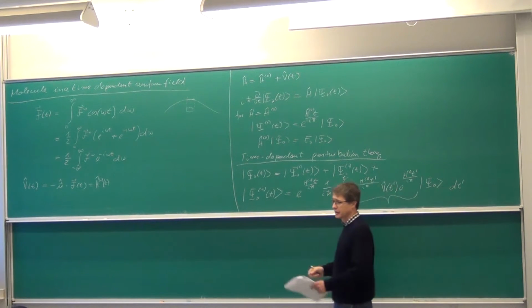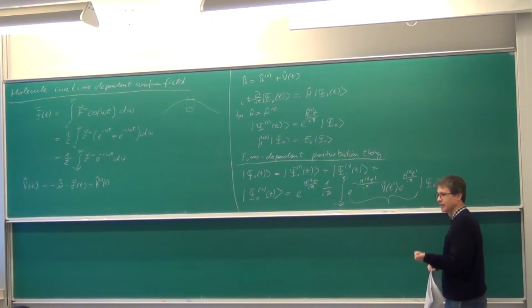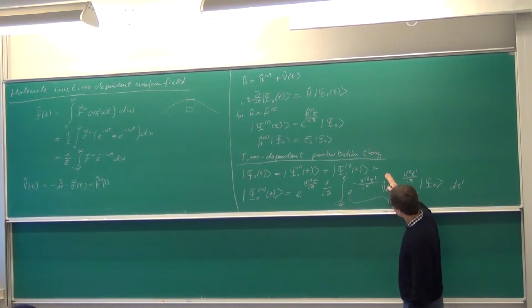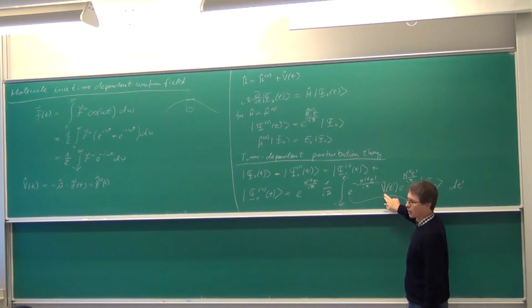There are different formulations of quantum mechanics. There's a Schrödinger picture, there's a Heisenberg picture, and there's an intermediate one between them, which is called either the interaction picture or the Dirac picture. And if I would use that here, then I could write this just as the perturbation operator in that interaction picture.